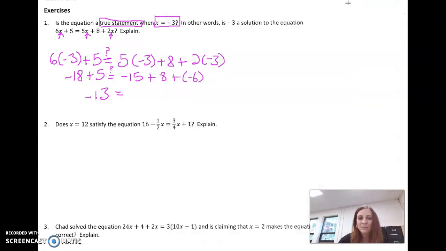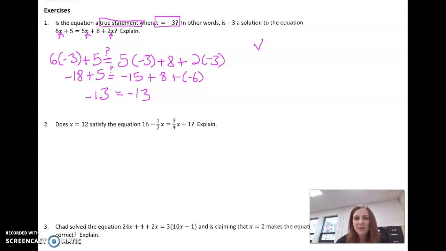All right, so I get -13 equals -13. Is that a true statement? Yes, it is. When we substitute -3 in, this side of the equal sign equals this side of the equal sign. Remember, we have to keep things in balance. Remember, we have to explain, okay?